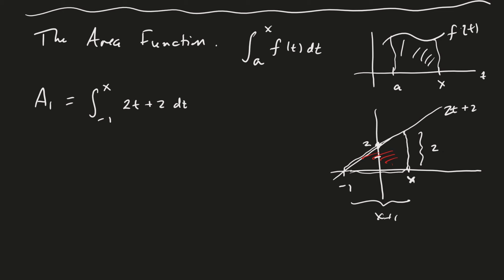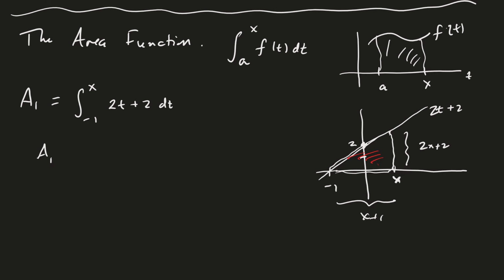Oops, sorry, just 2x plus 2. Good. So therefore the area function is equal to, let's go ahead and just write it here, 1/2 times x plus 1 times 2x plus 2.